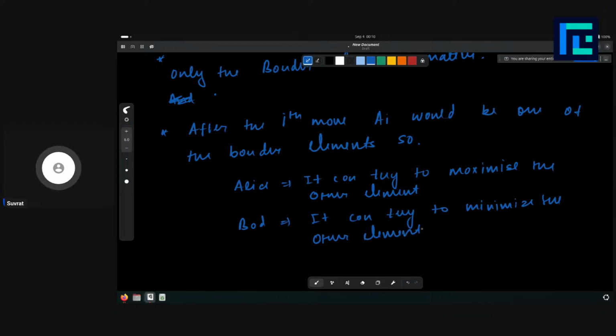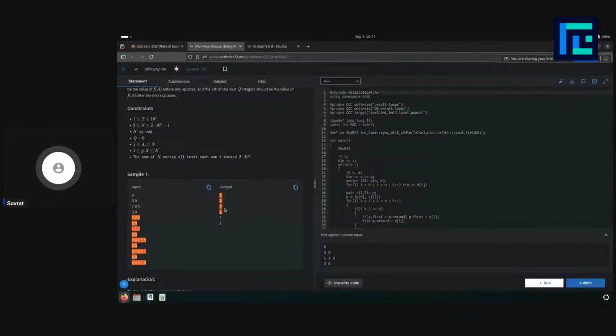So this is the optimal strategy that they both will be using in this game. Let's solve another test case to get a better intuition of why this strategy is optimal.